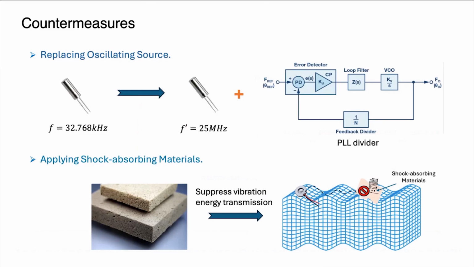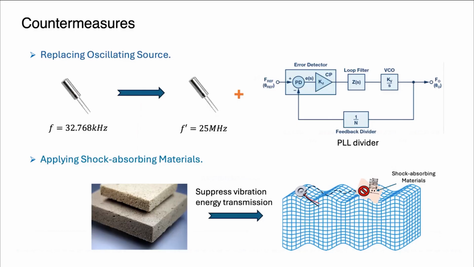manipulate internal RTC timing. To defend against this kind of attack, the key point is to disrupt the energy being propagated to the crystal or avoid the frequency of the attack signal aligning with the crystal oscillation frequency. So the manufacturer can use crystals with higher frequency, maybe at the megahertz level, accompanied by a PLL divider to adjust the output frequency to around 32.768 kHz.